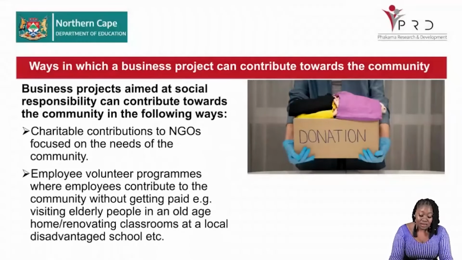Businesses can also have employee volunteer programs where employees contribute to the community without getting paid. This can be, for example, the employees of a particular business visiting an old age home, or going around cleaning the environment, or going to schools and painting, which some of these businesses have been doing over the years in order to do something that benefits the community.